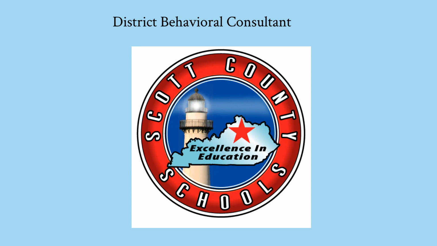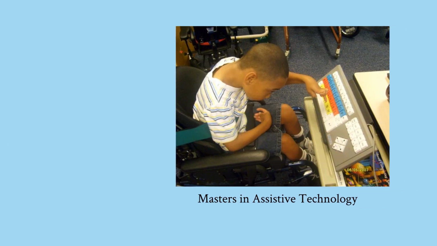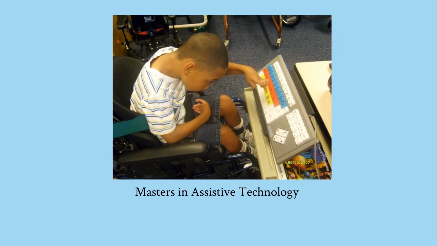I went back to the University of Kentucky to get my master's degree, and then I worked for 6 years as a behavioral consultant to a school district, Scott County Schools in Kentucky. I received my master's degree from the University of Kentucky in assistive technology, or selecting assistive and adaptive devices for children and adults with disabilities.